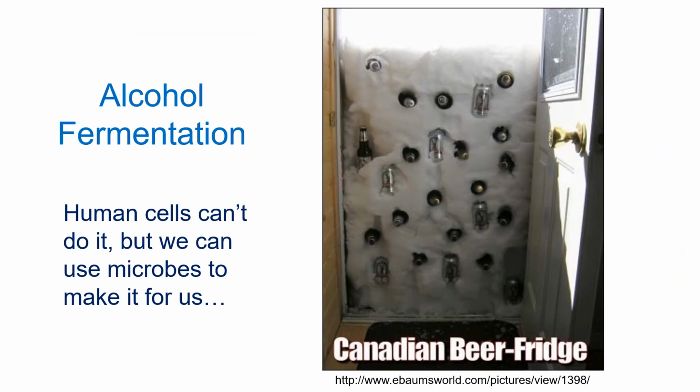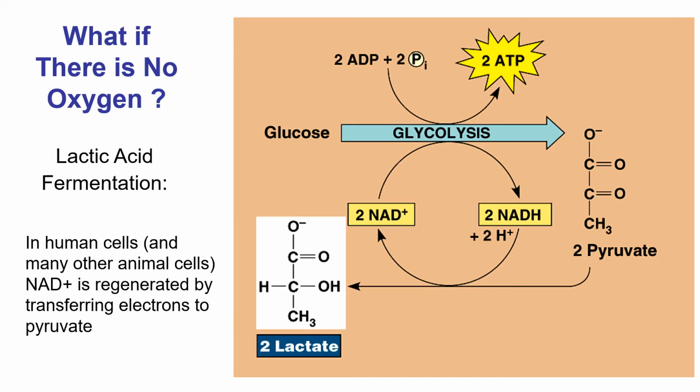We can't do this particular type of fermentation, but yeast cells can, and they generate the ethanol that we drink in beer and wine, etc. But remember, the whole point of fermentation is to pull electrons off of NADH and regenerate NAD positive so that at least glycolysis can continue. We can do something similar.